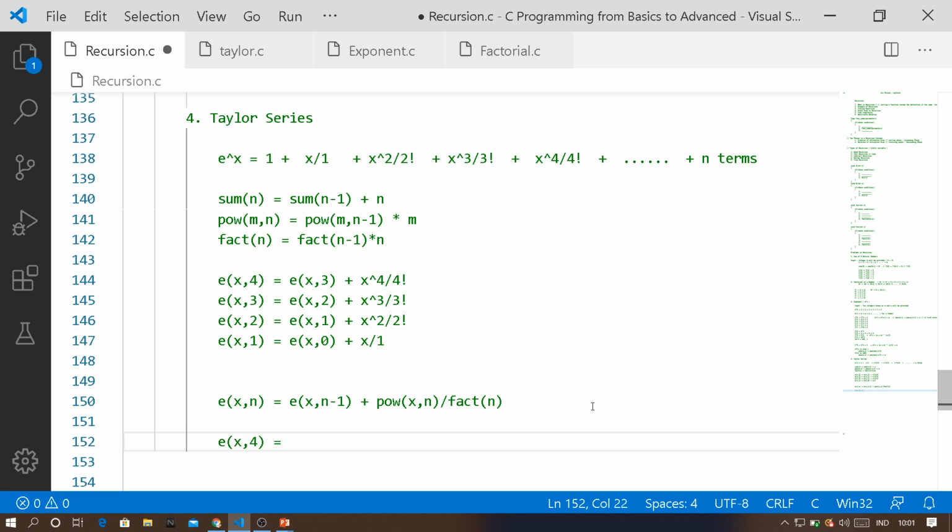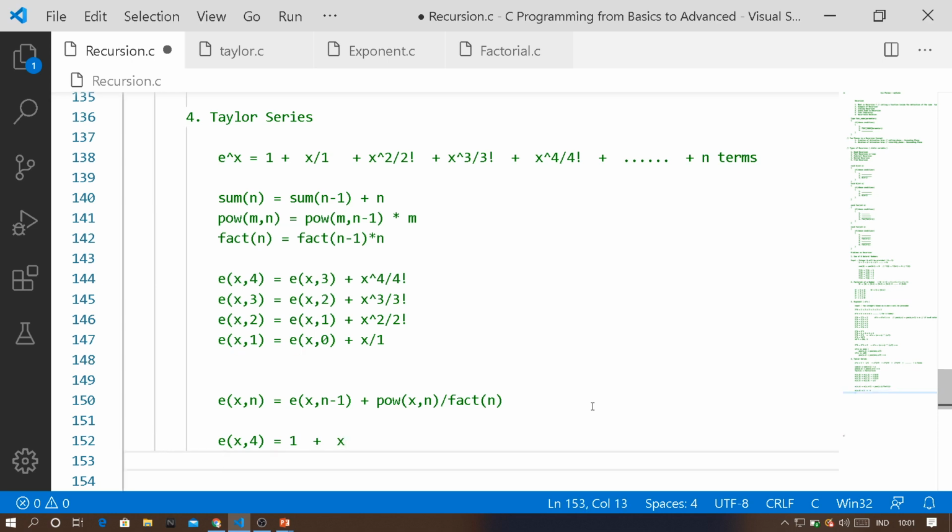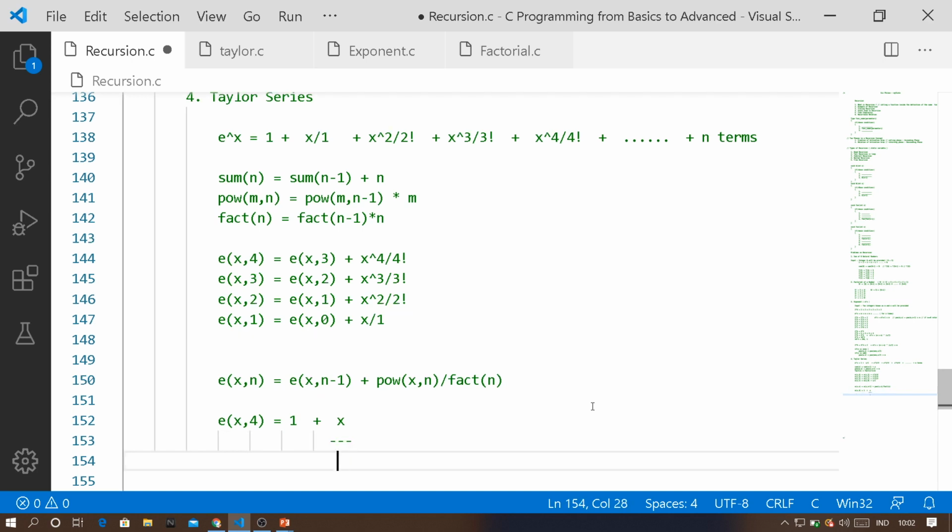It is equal to 1 plus x divided by 1. Next, plus x square, which means x multiplied by x, divided by 2 factorial.